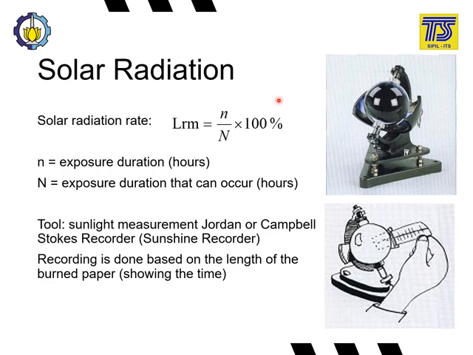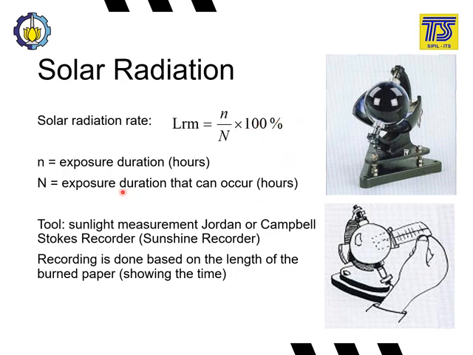For example, if you have an exposure duration of 9 hours in one day, and in one day you have 24 hours, so you can use the number 9 per 24 times 100%, something like that.